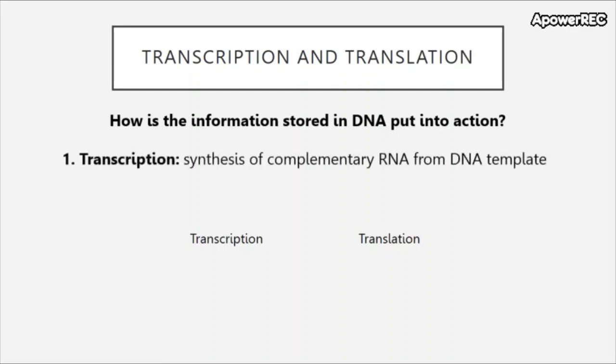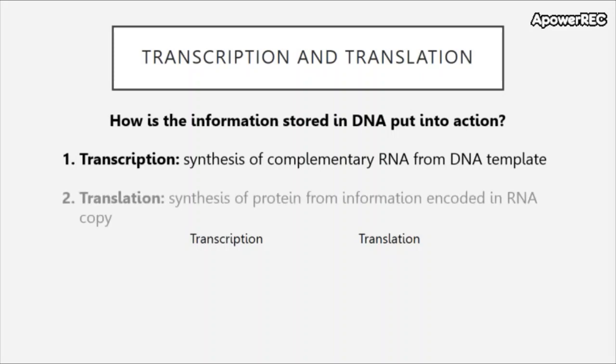If we look at the concept of transcription, it's the synthesis of a complementary RNA molecule from a DNA template. And translation is the synthesis of protein from information encoded in the RNA copy. So if I was to give you a handout on how to do a particular lab activity, you could potentially make a product in the lab based upon the handout I made from the original manual.